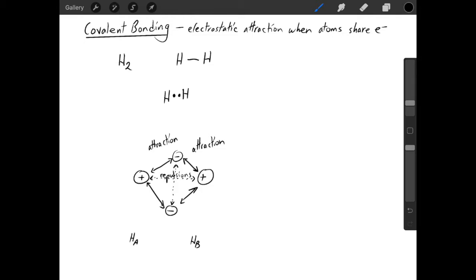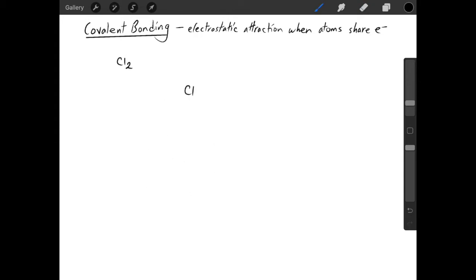And of course, we can look at a more complicated example. We'll look at chlorine, diatomic chlorine, the Cl2 molecule. So the Lewis structure for the Cl2 molecule has 14 electrons, and 2 are shared between the chlorine atoms.